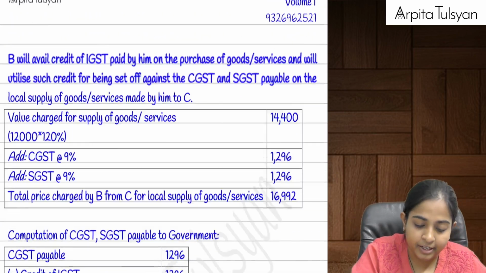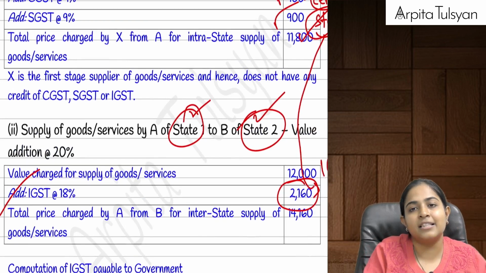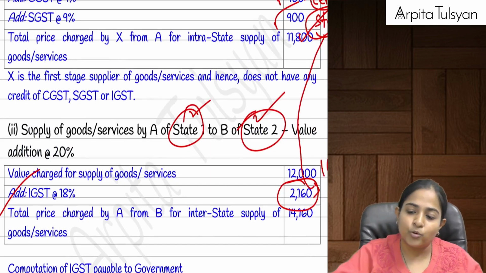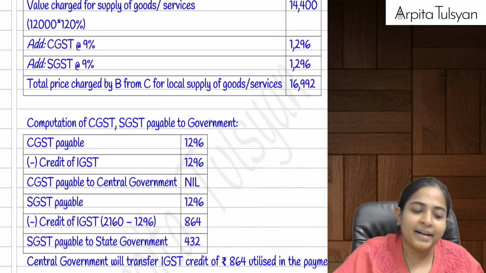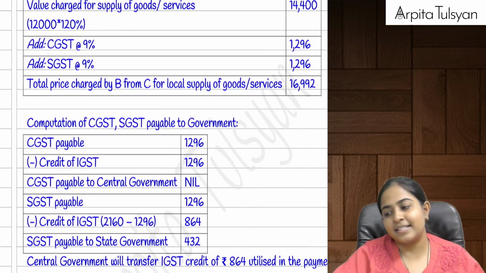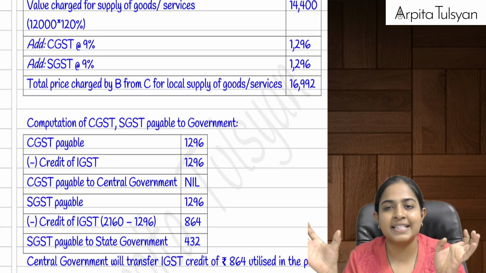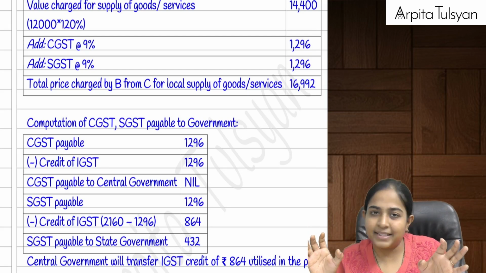Please do refer to it. So what are they trying to tell us here? As the goods move, along with the goods, the taxes are also going to move. There will be three heads: CGST, SGST, and IGST. CGST is collected by the central government.